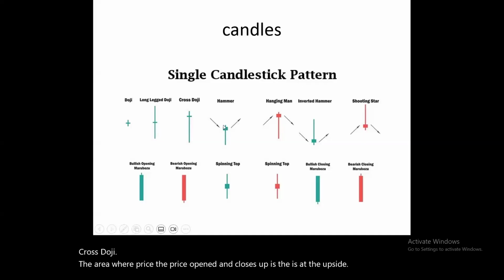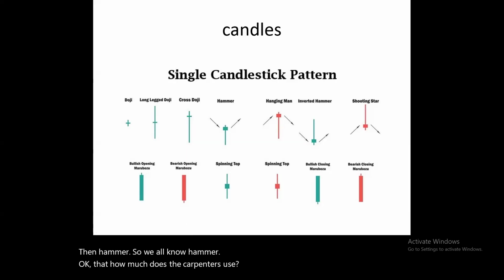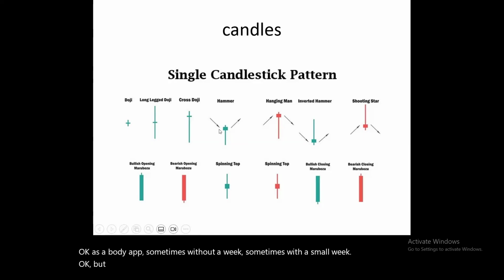Then hammer. So we all know hammer, the hammer that the carpenters use. The hammer has a body up, sometimes without a wick, sometimes with a small wick, but you can feel the body.